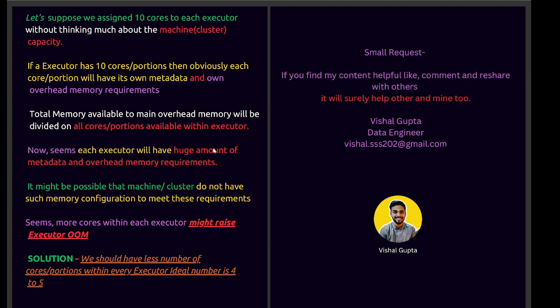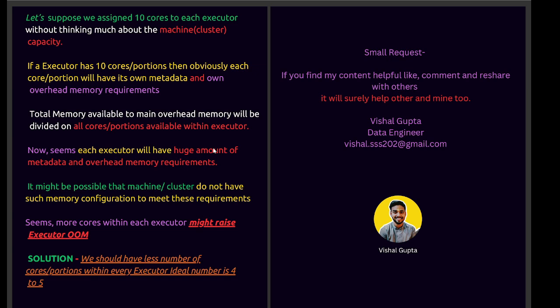If an executor has 10 portions or cores, then obviously each core or portion will have its own metadata and own memory overhead requirements. The total memory available to the overhead memory will be divided among all cores and portions within the executor. Now each executor will have a huge amount of metadata and overhead memory requirements.